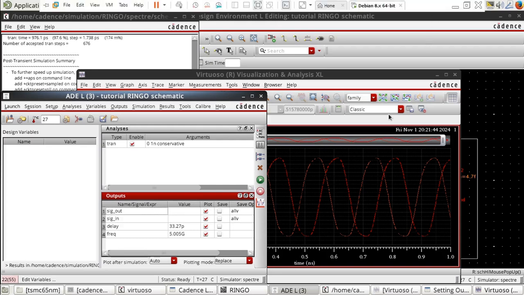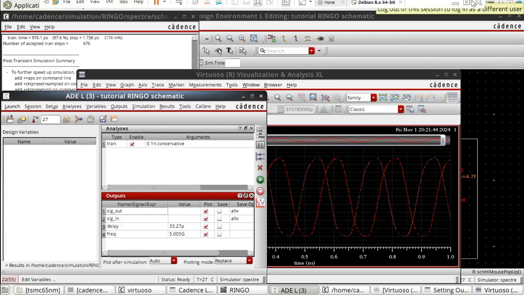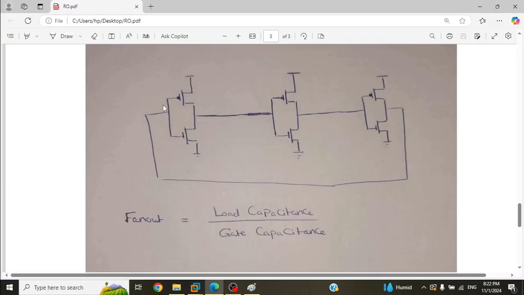So let's get back to our PDF because there are some points I need to highlight. A ring oscillator, just inverters, no added load capacitance, has a fan out of 1. What is the fan out? Fan out is a ratio between load capacitance and the gate capacitance. In that case, our inverter is loaded by the gate capacitance of this device, which is the same as its input capacitance.